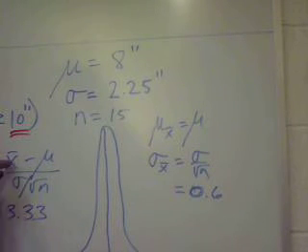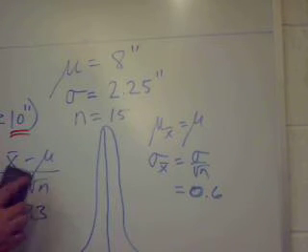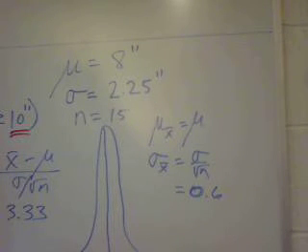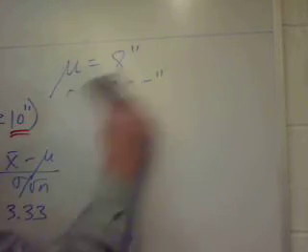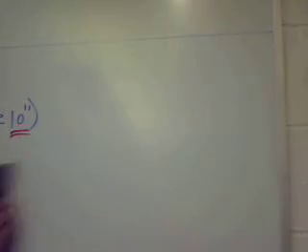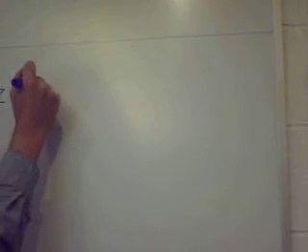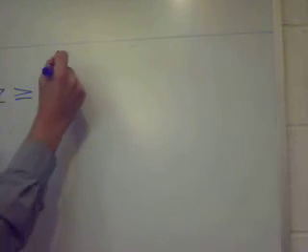That's what z is. Okay, so now I have my z-score, and what I can do is go to Table 2, and here's what I want. I want the probability that z is greater than or equal to 3.33.